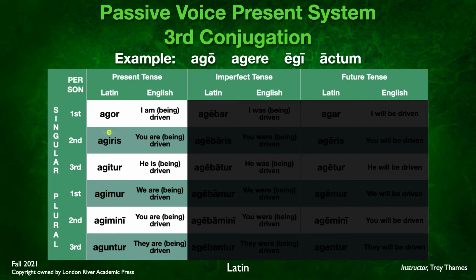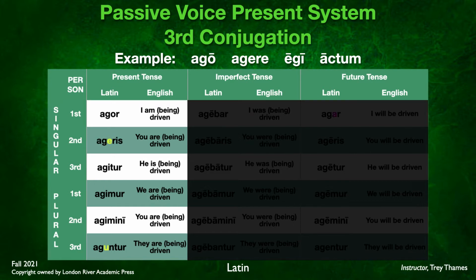Right here in second person singular, the I is actually going to be an E. It's going to stay an E here, only in second person singular. And I know what you're thinking. Latin with all of these exceptions to the rules. I know. I'm sorry, but you just have to learn this one. Second person singular is going to stay with the E. The rest will have the characteristic shift from the short E to an I plus the ending. So this is what it'll look like.